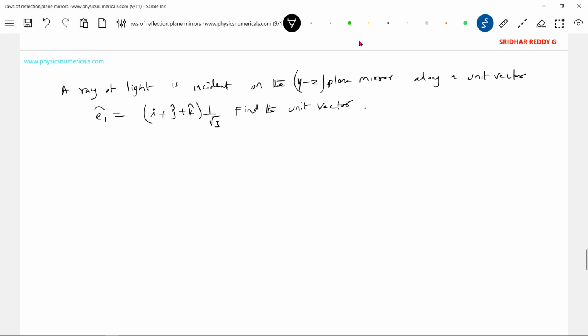Find the unit vector along the reflected ray. This has to be determined.